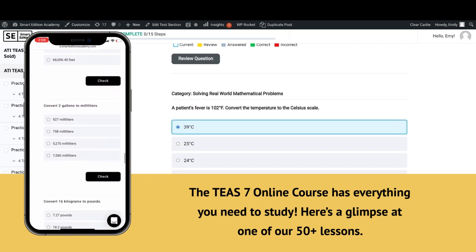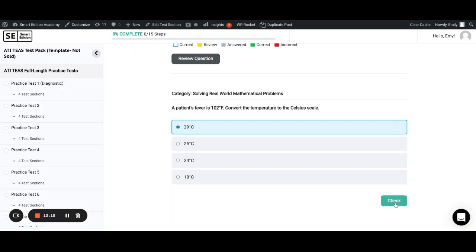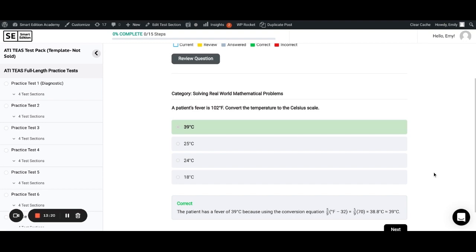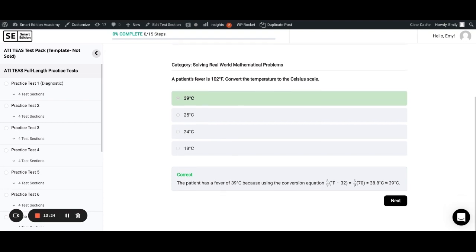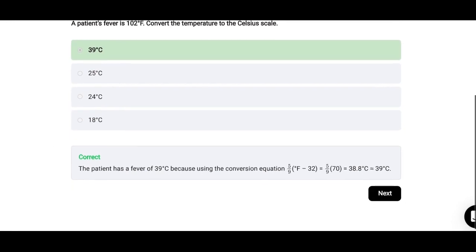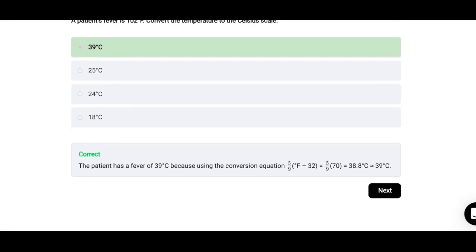The answer is A, 39 degrees Celsius. I'm just going to zoom in here so you guys can see the formula. So essentially, in order to get C for Celsius, the equation you would use is 5/9 parentheses F, which stands for Fahrenheit, minus 32.